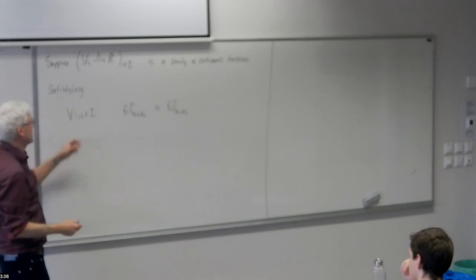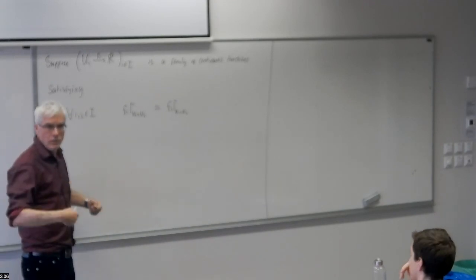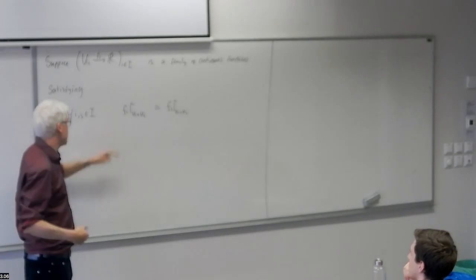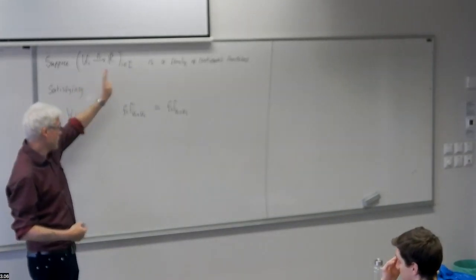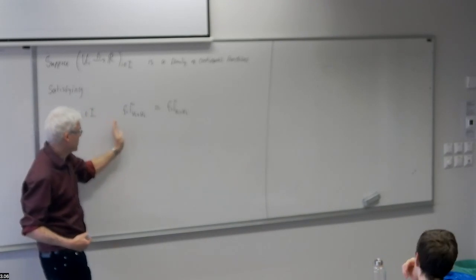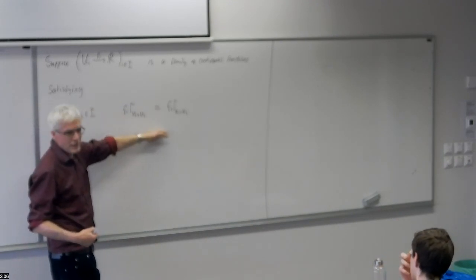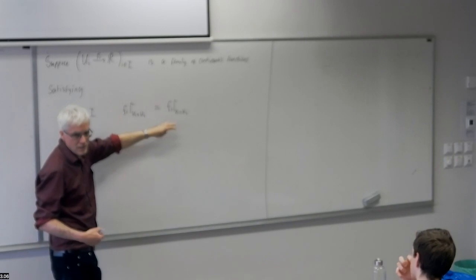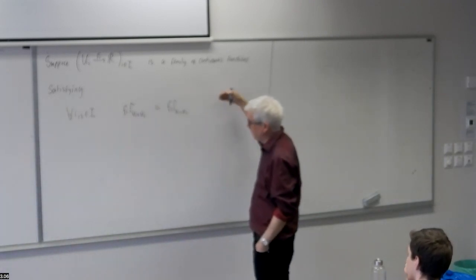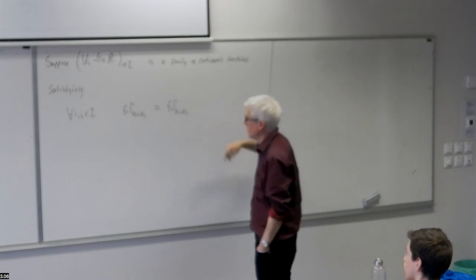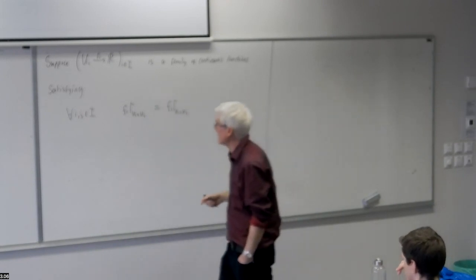And in this case, we can patch all these functions f_i together to get a continuous function determined by patching all the f_i's together, which makes sense because of this property here, which is called that the family is matching. That's what we say, that this means that the functions match.